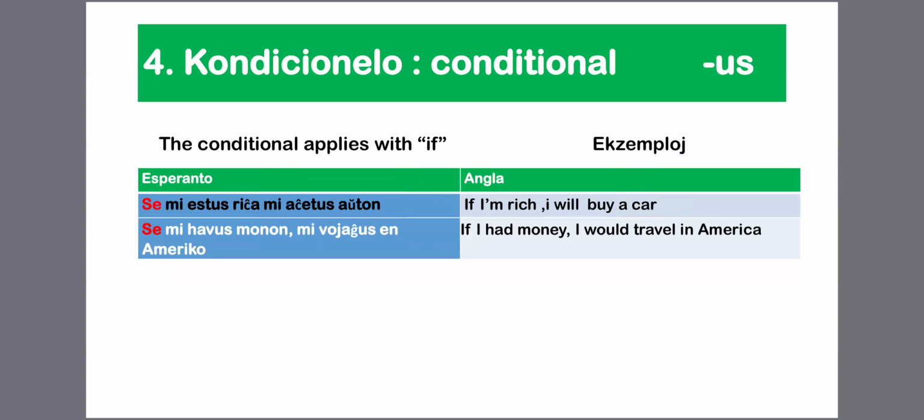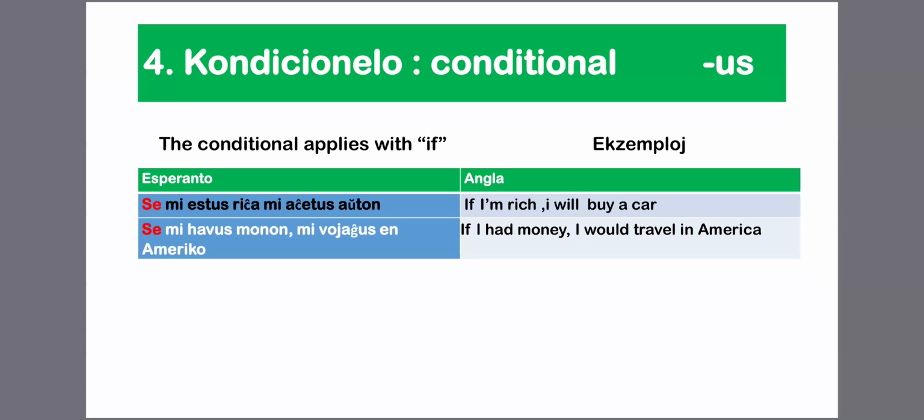Conditional, condizionello. So with conditional, we use only U and S, US. You can say mi estus as you did, mi estus, vi estus, but for condition here, we normally use it with if, because it's a condition.